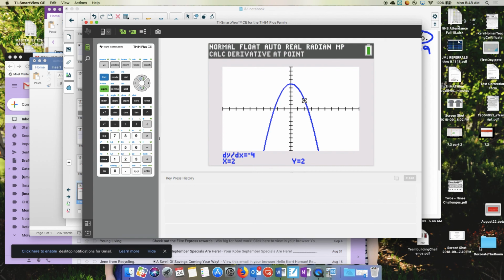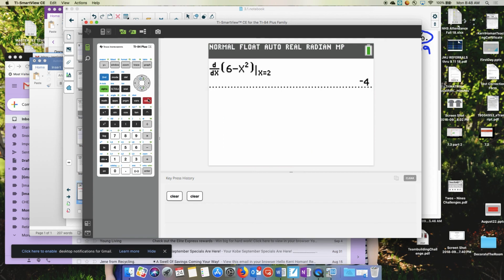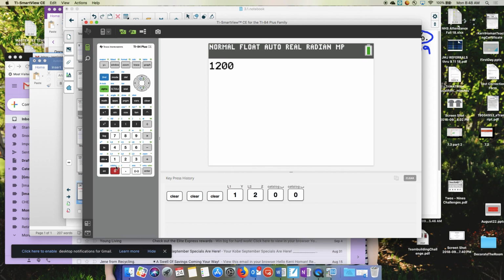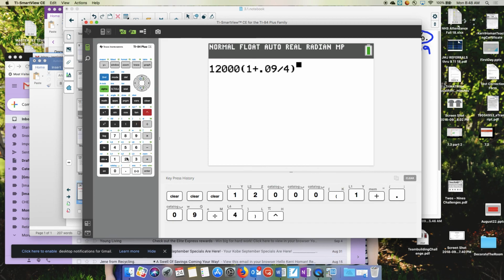We have 12,000 times, type it in exactly as you see it, 1 plus 0.09 divided by 4, parentheses, raised to the 20th power. There is no need for you to type things in individually. Just type it in all at once. You can do it.